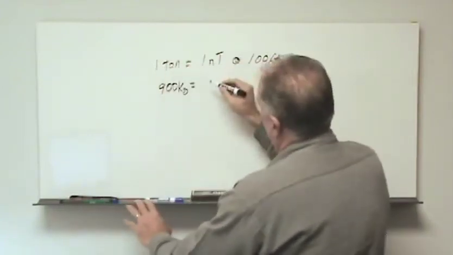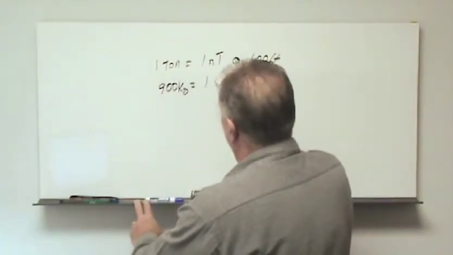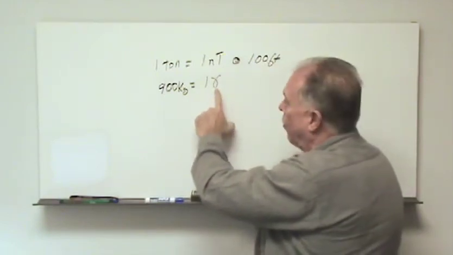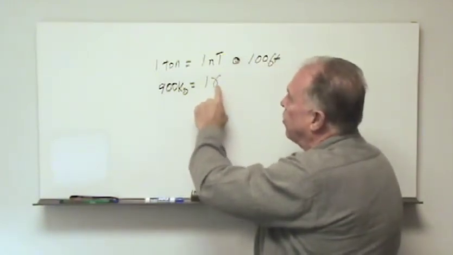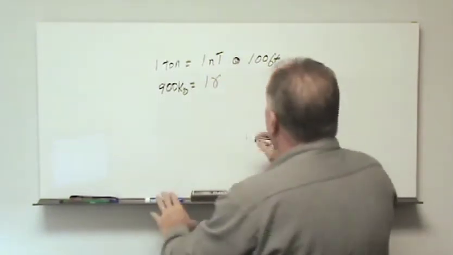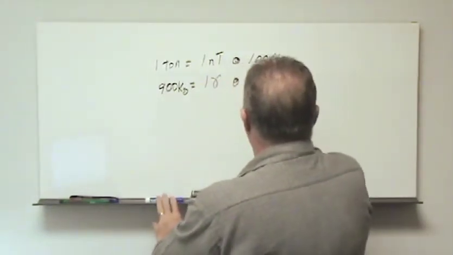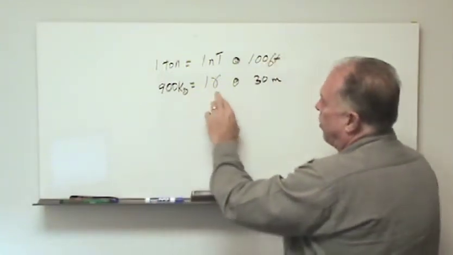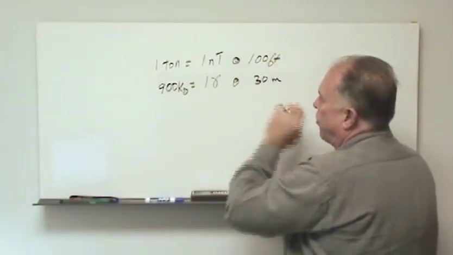And besides a nanotesla, we can also use the terminology gamma. This is an older term, but one that's still used. It's equal to a nanotesla. And of course, 30 feet would be 30 meters. So 900 kg, 1 gamma or nanotesla at 30 meters.